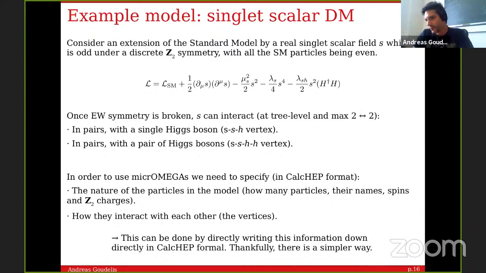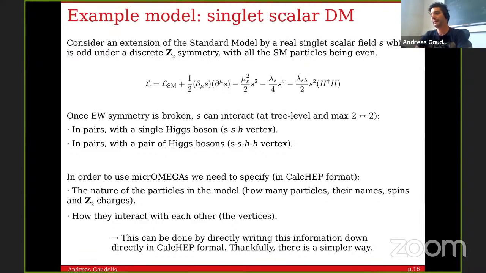And in order to use micrOMEGAs, you would need to specify in the CalcHEP format the nature of the particles in the model. So, for instance, that you have the up quark and S and the Higgs boson and so on and so forth. So how many particles, their names, their spins, and their Z2 charges, and how they interact with each other, the vertices.